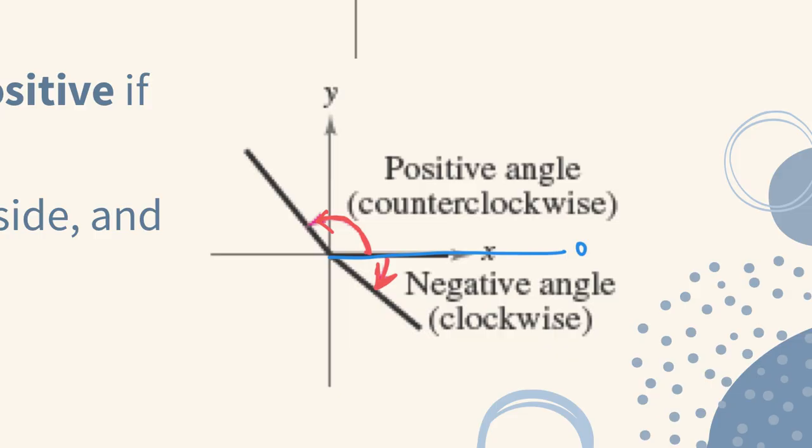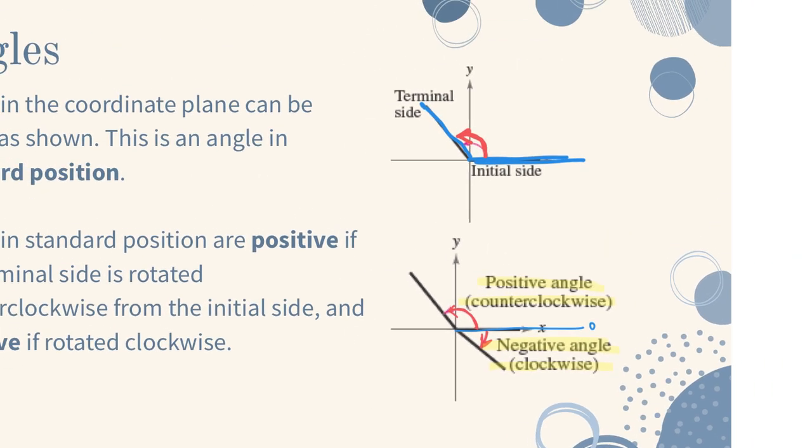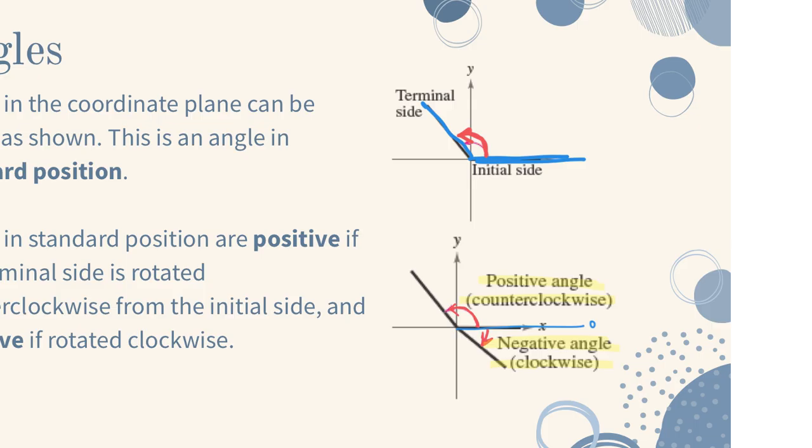This means I'm going clockwise. You have to remember, if they're asking you to sketch the angle, you can get angles that are both positive and negative, but now you have to determine which direction am I going. So positive goes counterclockwise, negative goes clockwise, and I'm going to show you that in the examples. So please make sure you understand this.